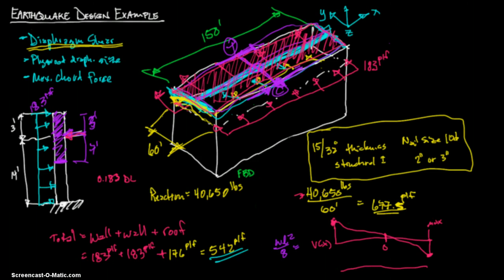Now they asked us to calculate the maximum chord force in the diaphragm. So that was the shear force, and now we're looking for the chord force. As I tried to explain last time, you're going to have tension in the bottom chord and compression in the top chord, assuming the loading is going this way.